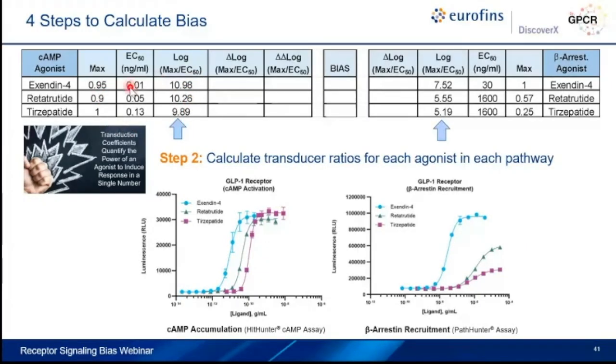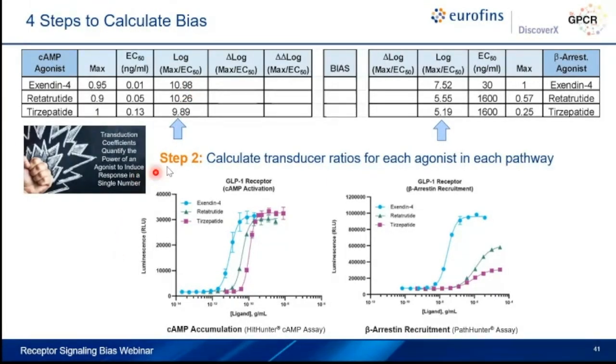And so I've just divided that by that, took its log, and these are extremely useful and powerful numbers because they reduce agonism to a single number that will quantify the power of each compound to activate that one pathway. So now I can compare partial agonists to a full because I have that index. So step 2 is we calculate this.